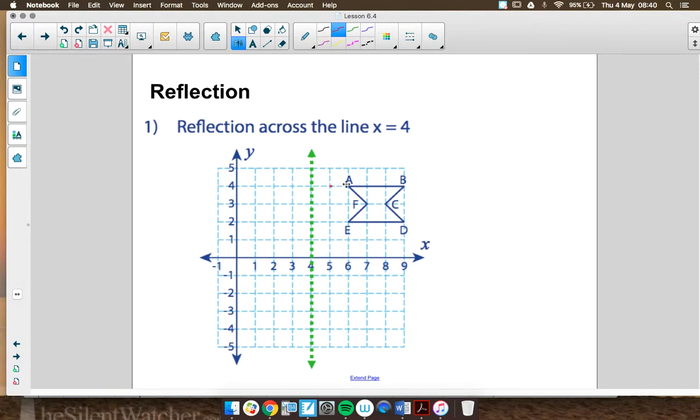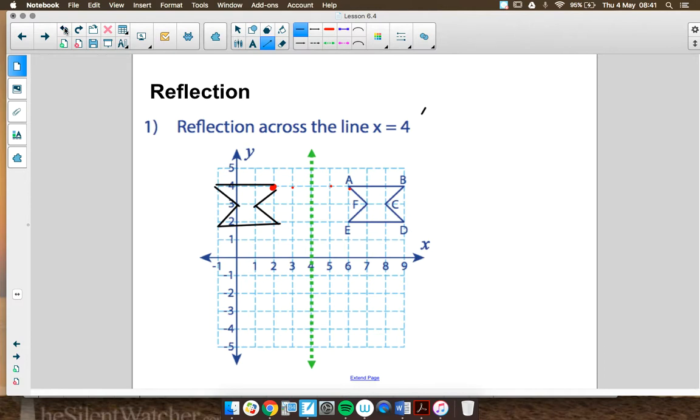So it's over 1, 2. So I'm going to go 1, 2 this way. That's where it's going to start. And then it goes from there, it goes over 3. So over 3, and then it goes in 1, over 3, in 1. Okay, so that's a reflection across the line x equals 4.